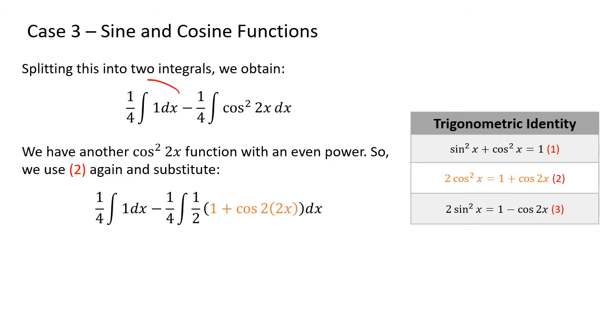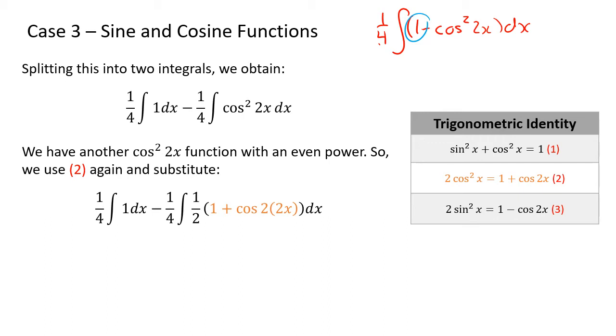Remember, our integral was 1/4 times the integral of 1 minus cosine squared of 2x dx. So I've split this into two integrals: 1/4 times the integral of the first term, which is just 1, minus 1/4 times the integral of the second term, which is cosine squared of 2x.